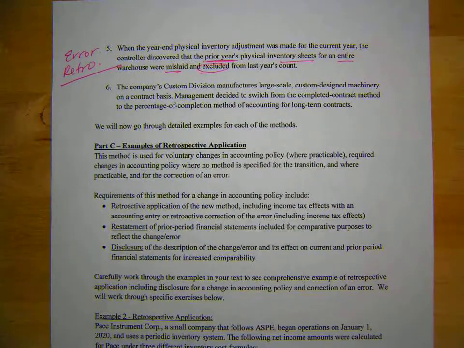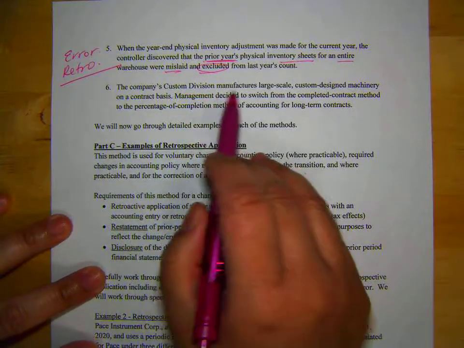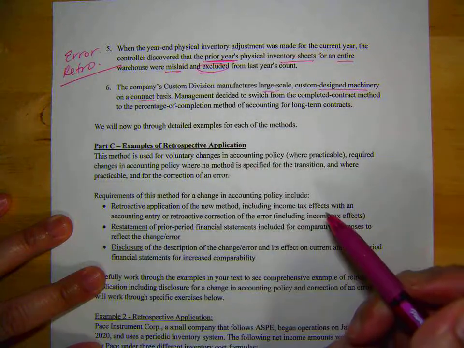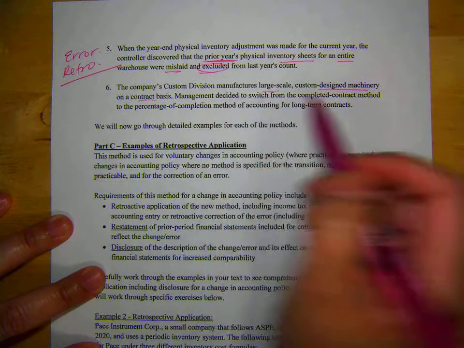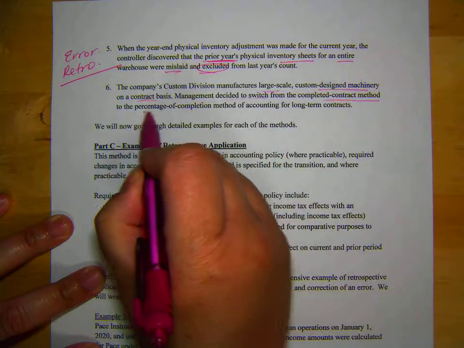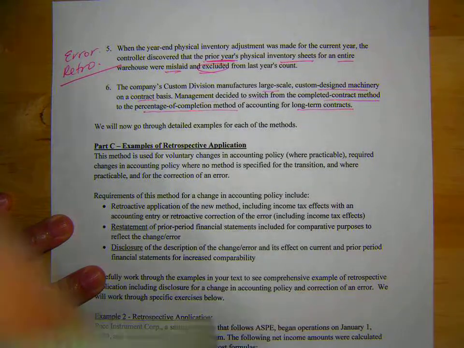Now, here's the tricky one. The company's custom division manufactures large-scale custom design machinery on a contract basis. Management decided to switch from the completed contract method to the percentage of completion method for accounting for long-term contracts.